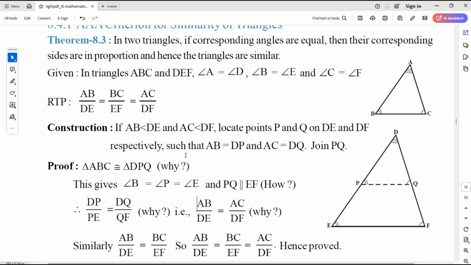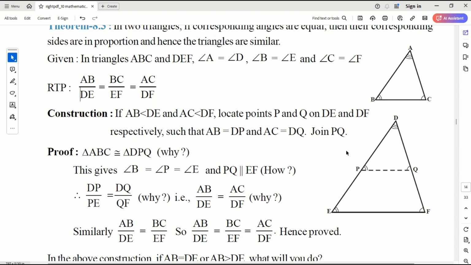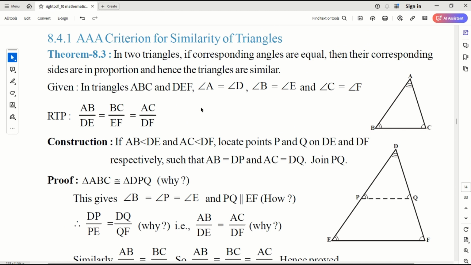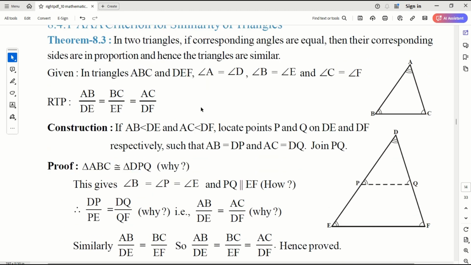So we can prove that if three angles of two triangles are the same, then their corresponding sides are in the same ratio, which we can prove very easily. So remember this one. With this, we can say that we don't require to check both the angle criteria and the side criteria for a triangle.